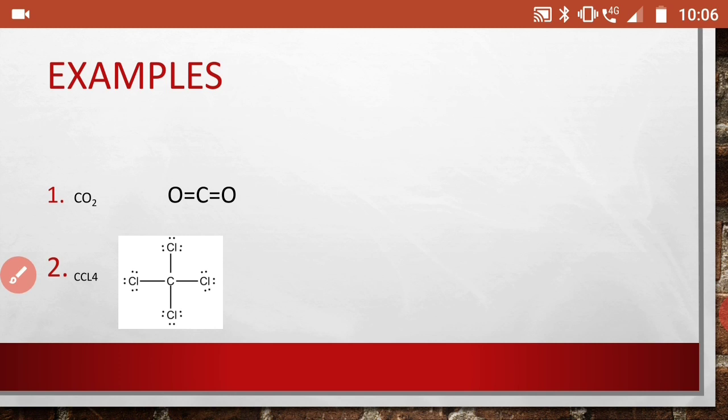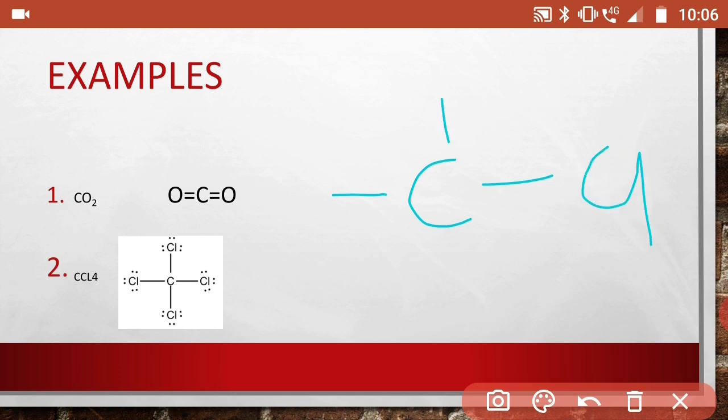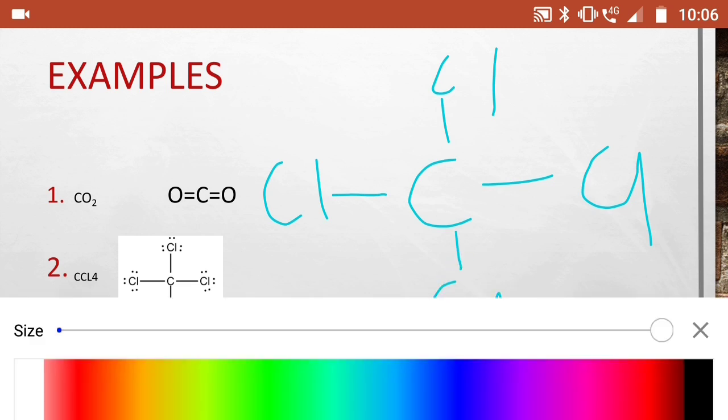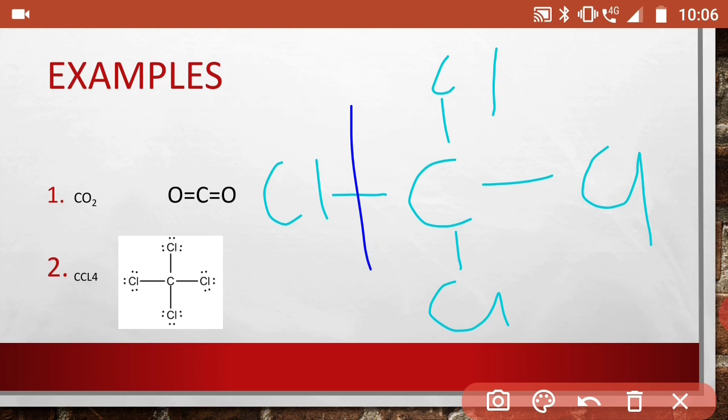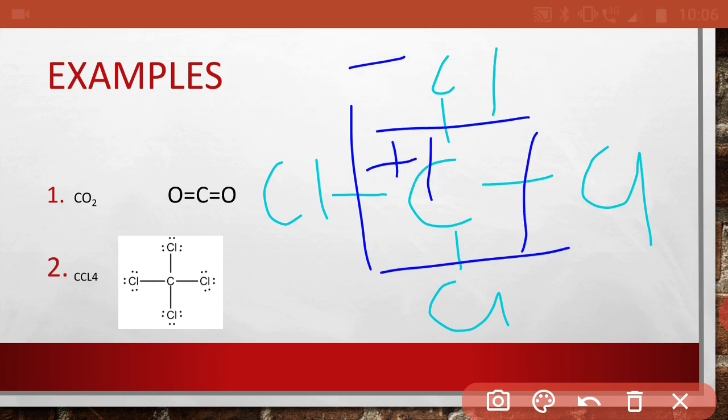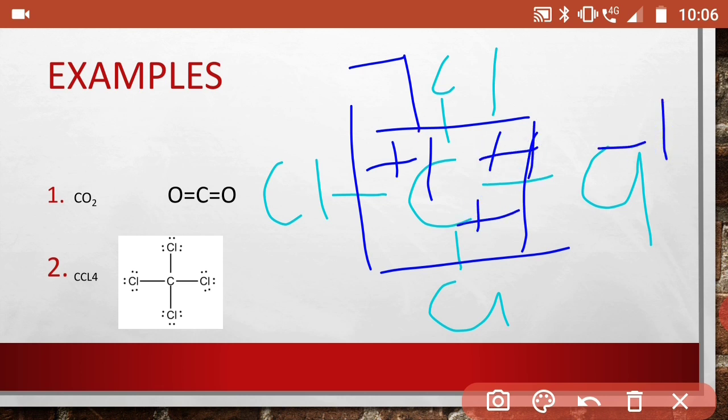Okay, next when we talk about carbon tetrachloride, you will cleave these bonds and see plus 1 charge here, minus 1 charge here, plus 1 charge here, minus 1 charge here, plus 1 charge here, minus 1 charge here, plus 1 charge here, minus 1 charge here.